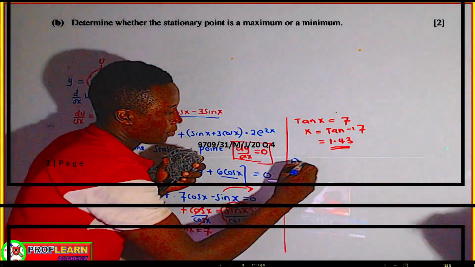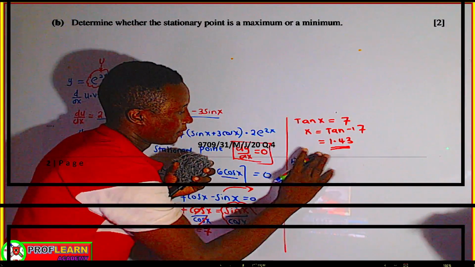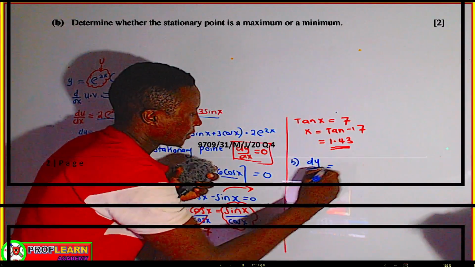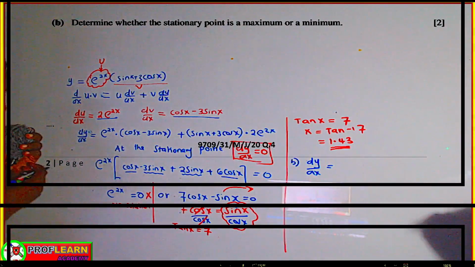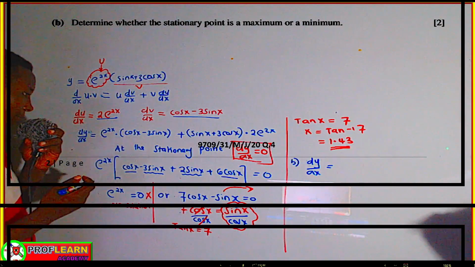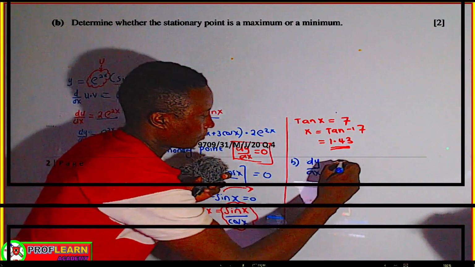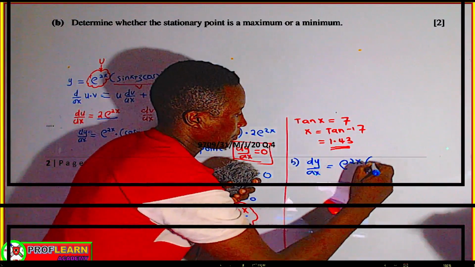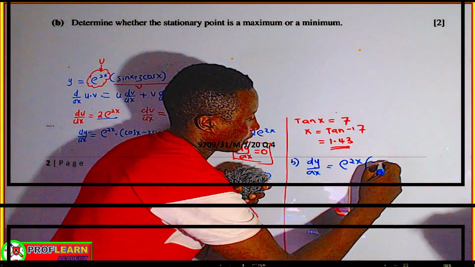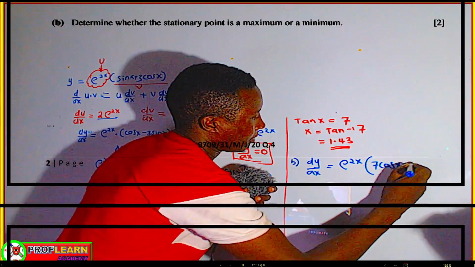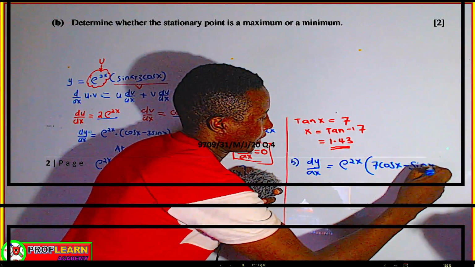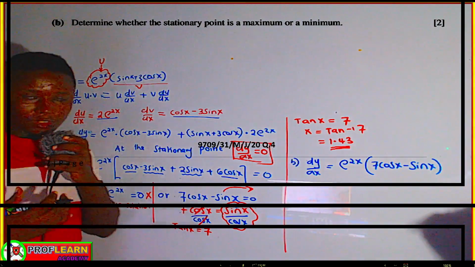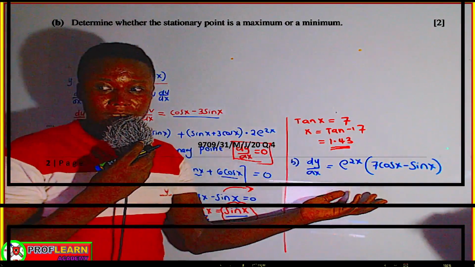Now for part B, since we have obtained that our dy/dx is equal to e^(2x) into bracket 7 cos x minus sin x, that will mean that you need to differentiate this for the second time.